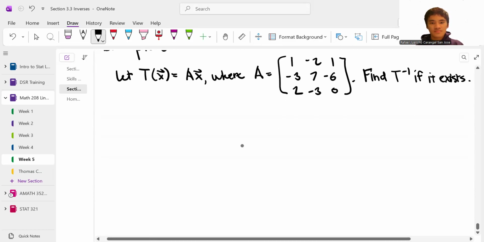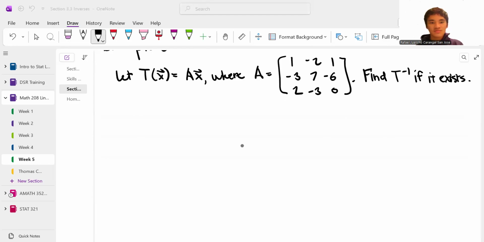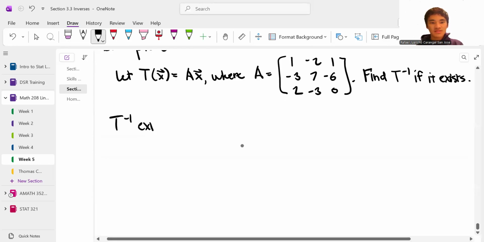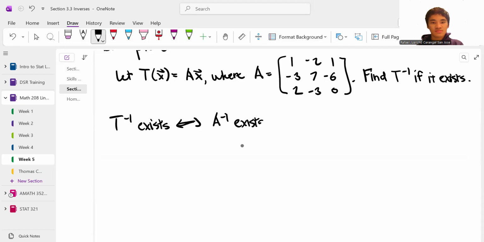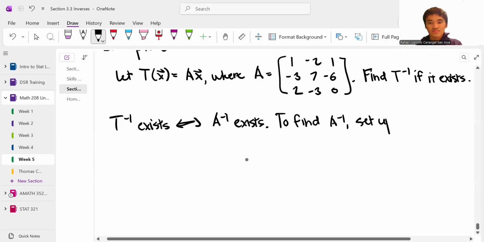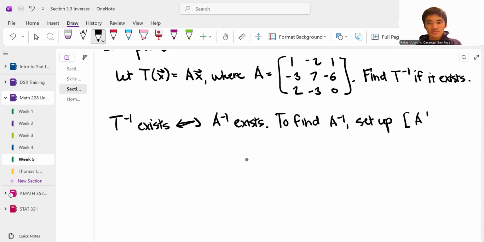Okay? So what's the idea? First, we find out if it exists. This thing exists if and only if A inverse exists. So to find A inverse, set up this thing here.